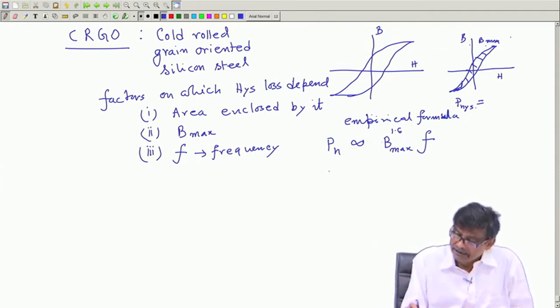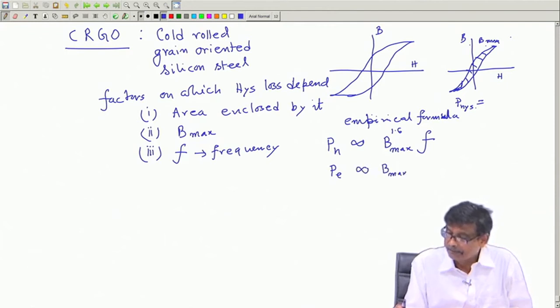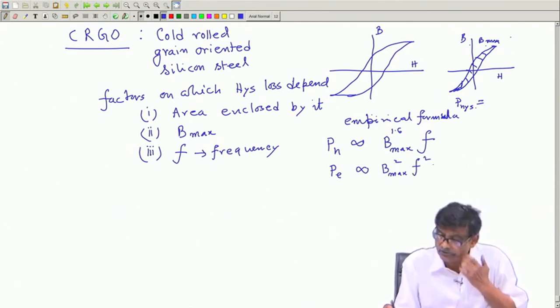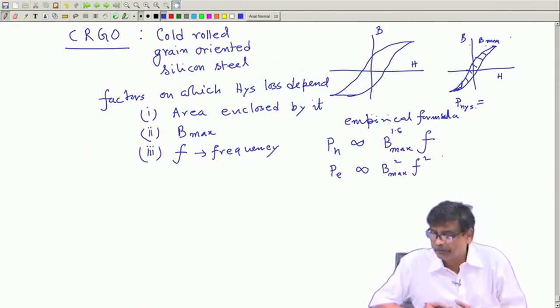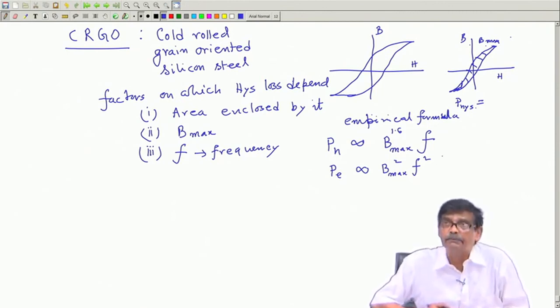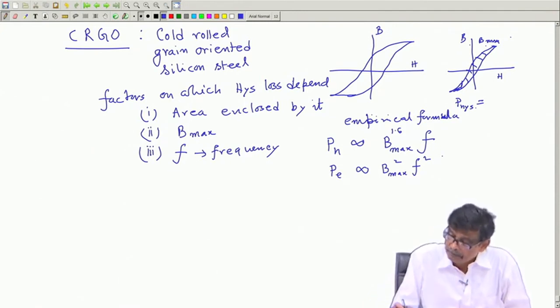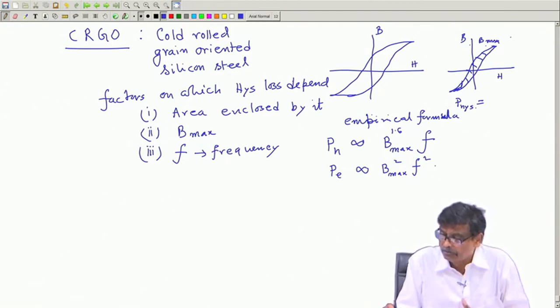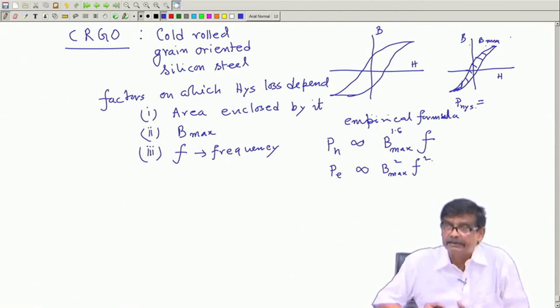Therefore, recall that eddy current loss is proportional to Bmax square, f square and thickness square. Once the plate is chosen, the thickness of which may be a fraction of a millimeter, say 0.25 millimeters or so, I am showing it just as proportional to. It is also proportional to plate thickness square.